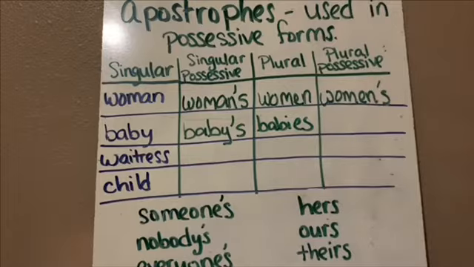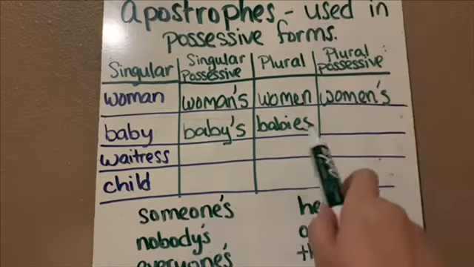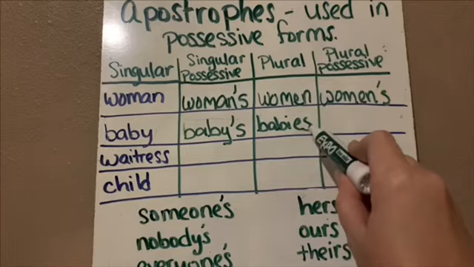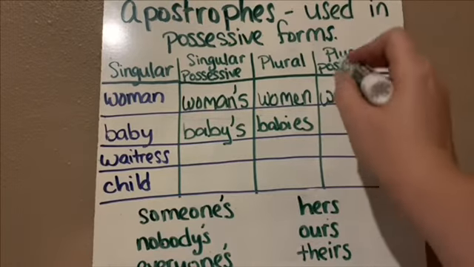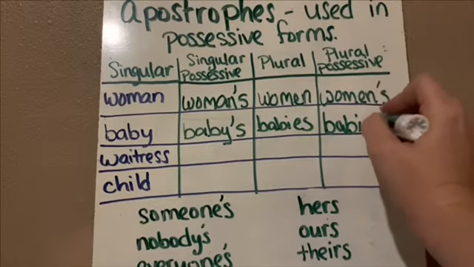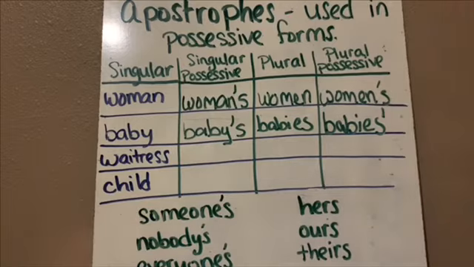Okay? So now I'm talking about the bottles of all the babies. So there's more than one baby. My plural noun ends with an S, so my plural possessive noun, my apostrophe is going to come after the S.